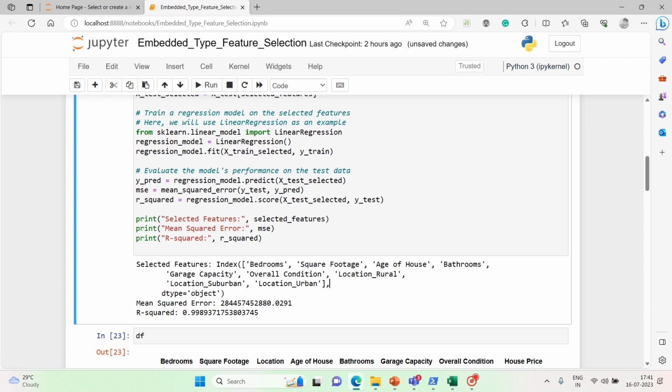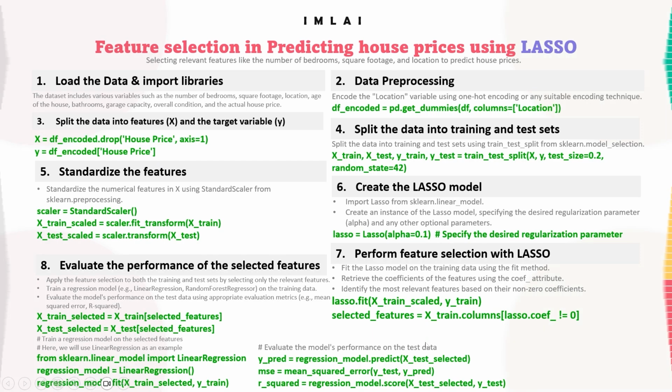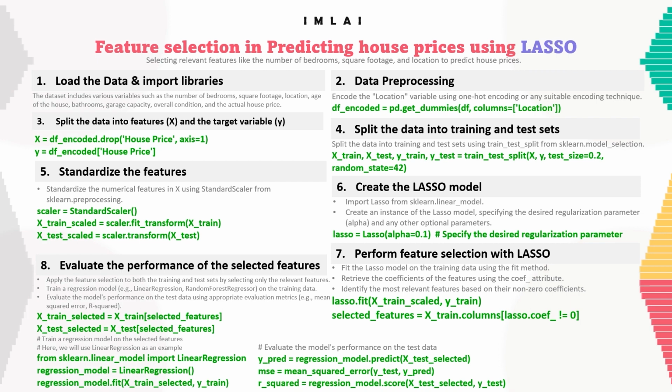So it's better to continue with all these features, and this is how you do feature selection using lasso. LASSO is nothing but your least absolute shrinkage and selection operator.